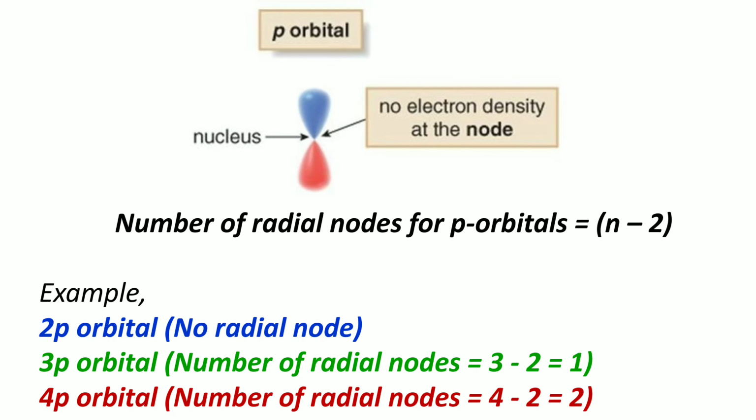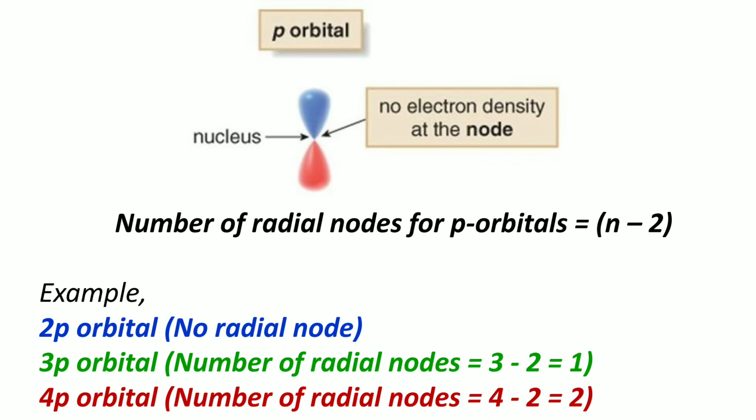The probability density function is 0 on the plane where the two lobes touch each other. The size, shape and energy of the 3 orbitals are identical. They differ, however, in the way that the lobes are oriented. Since the lobes may be considered to lie along the x, y or z axis, they are given the designations px, py and pz.